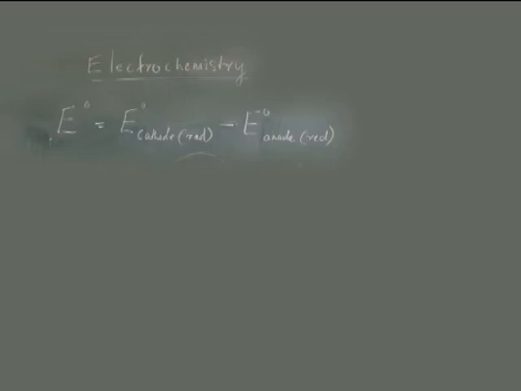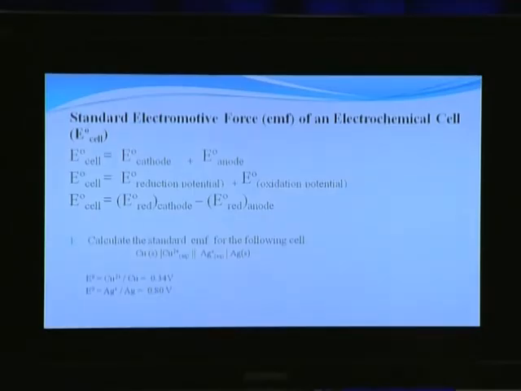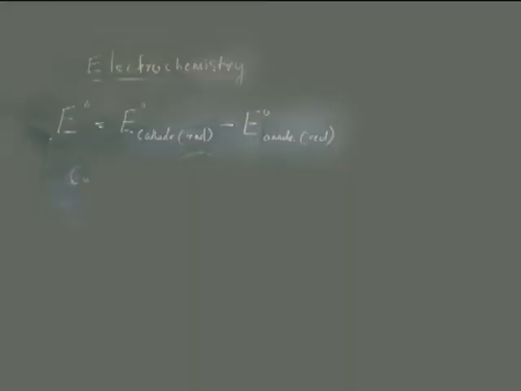I'll copy that question here. Copper is getting oxidized to copper ion, and silver ion is reduced to silver metal. Here we know silver is the cathode. So, what's the standard reduction potential value of the cathode?